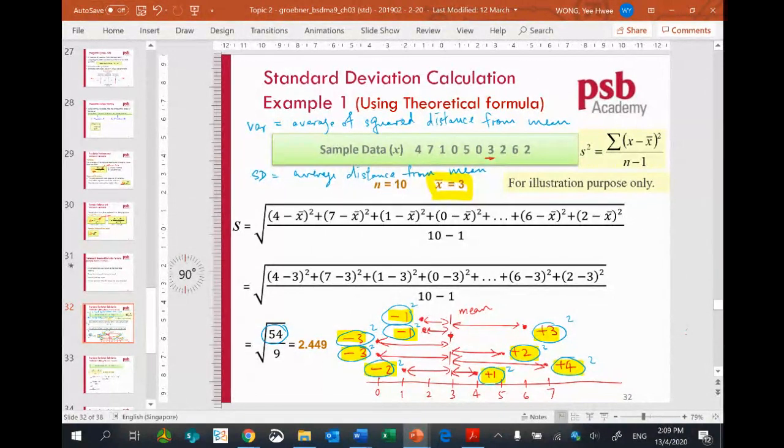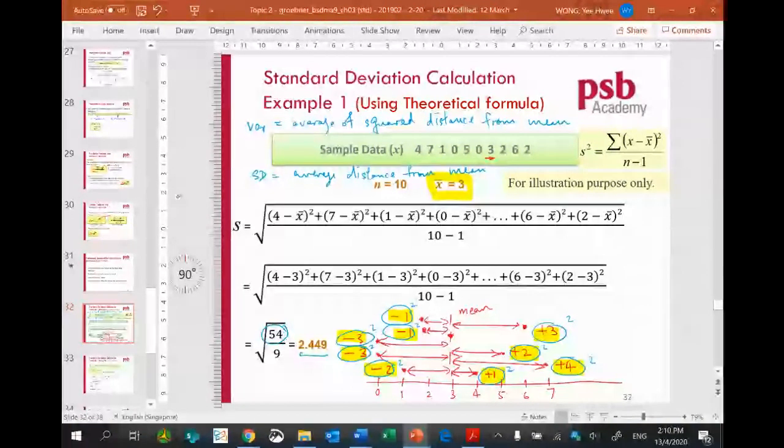How far, on average, is every number from the mean? The distance is around 2.449, about 2.4. So we can say that in this data set, the values are on average about 2.4 steps away from the mean. This is how you explain standard deviation.